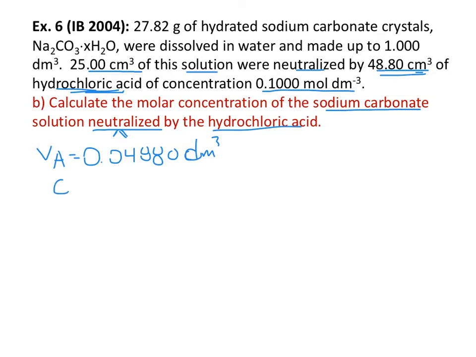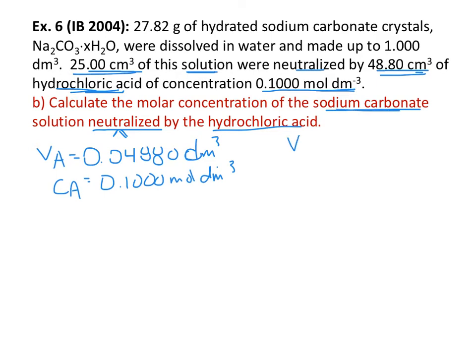Then the concentration of the acid they give is the moles per decimeter cubed, so it's going to be 0.1000 mole dm-3. So they do give me this other volume. It just says of the solution. Well, what's the other substance involved here? Sodium carbonate.